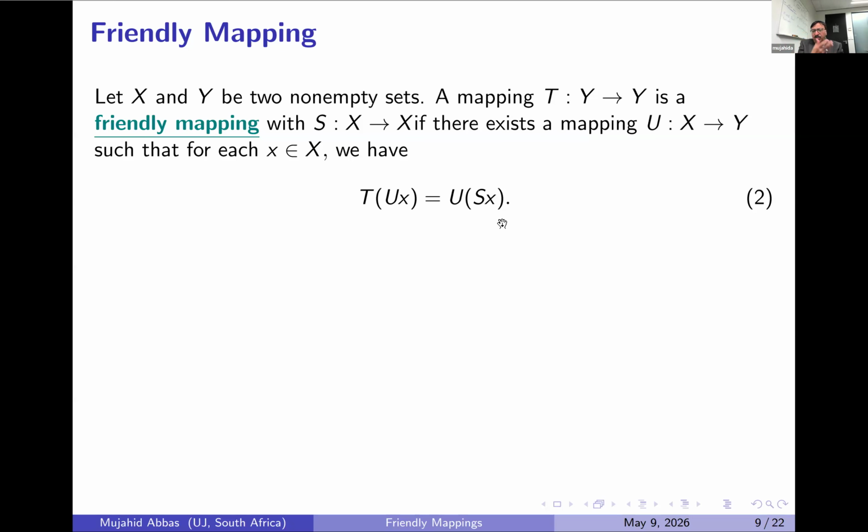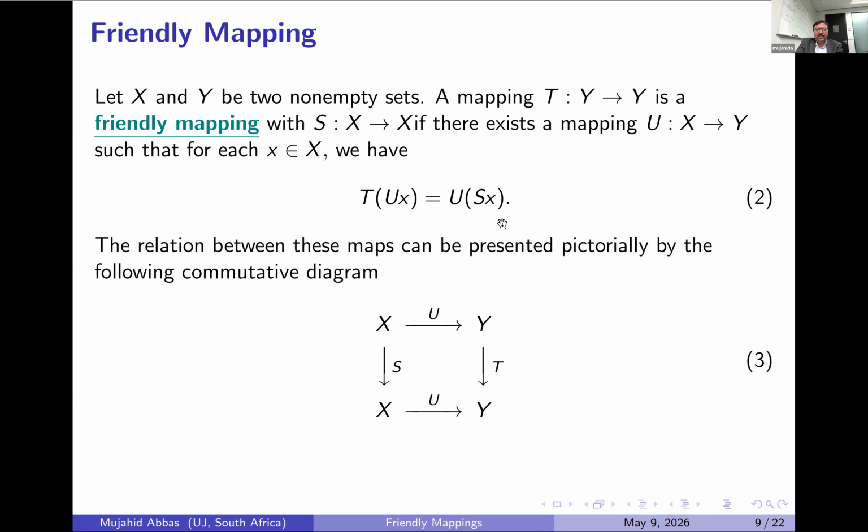So you can think of this mapping U as a mapping which is linking these two mappings T and S, and you can call it a friendship. This mapping U is something which is a friendship between T and S.